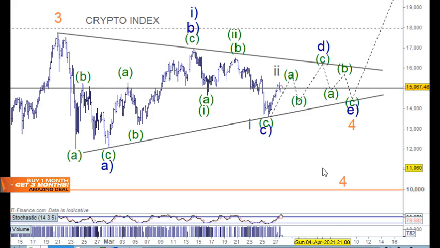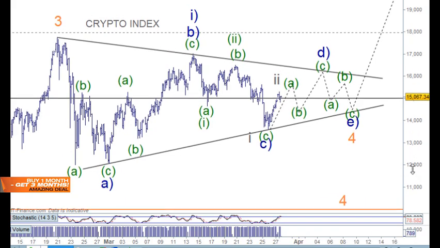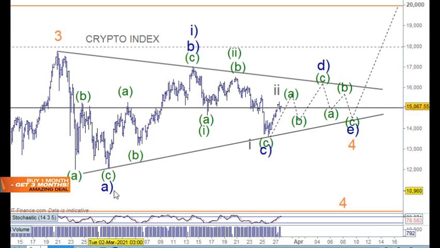Okay, so that's for Bitcoin and Ethereum, and we need to be aware of that. Last time we spoke with Ethereum, we looked at this triangle pattern for the crypto index, and that's fine, it can play out.